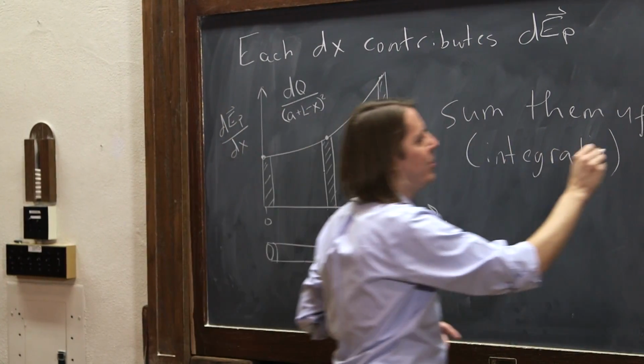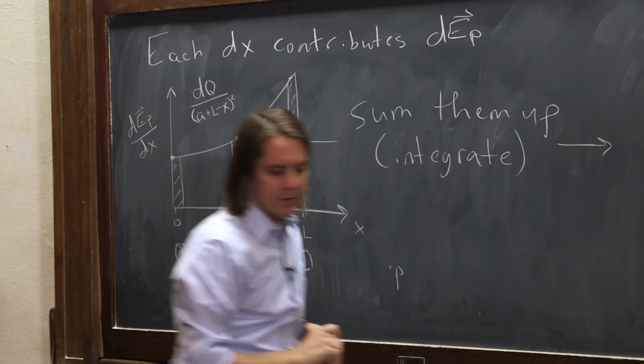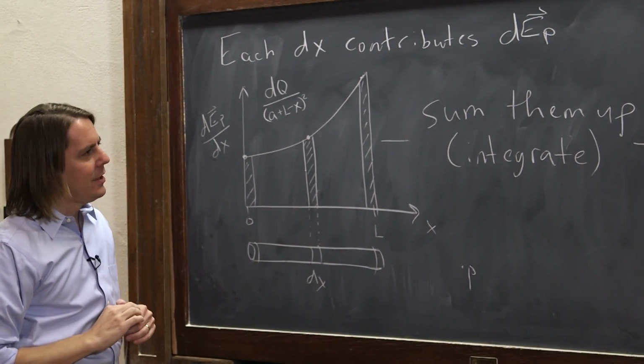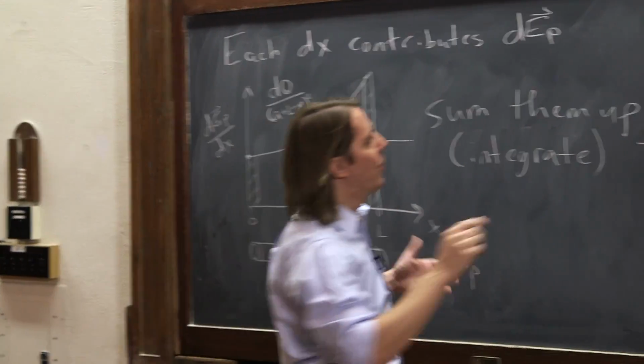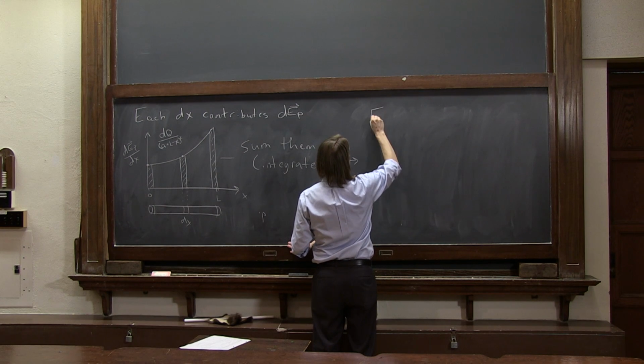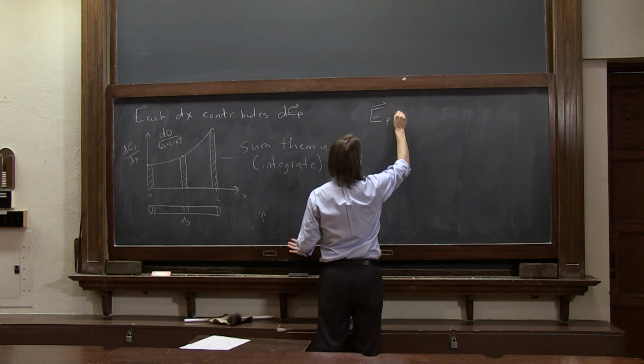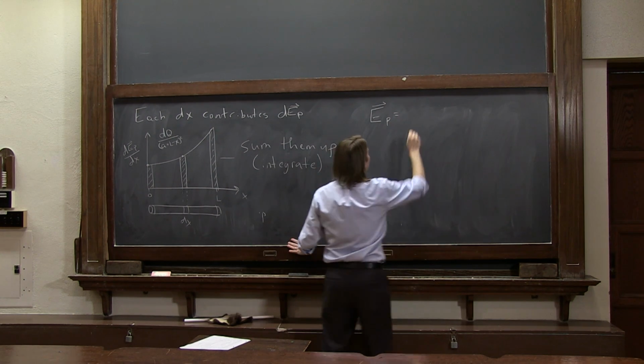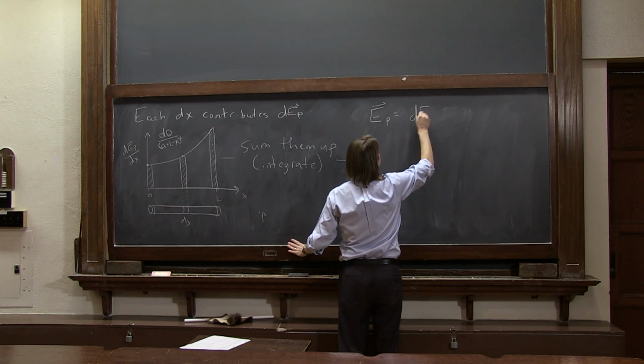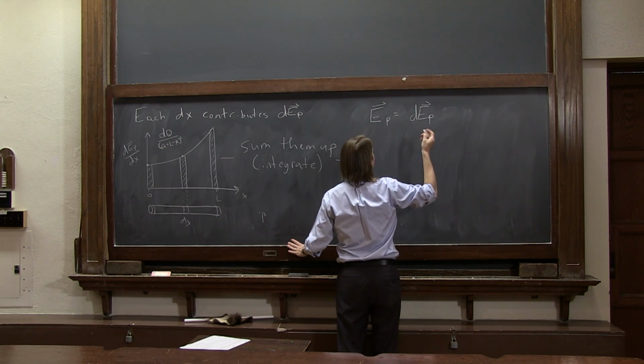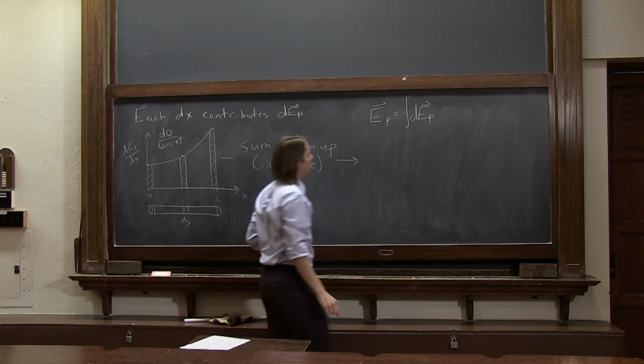So let's sum them up like this. Now, when you integrate, you're going to add these up to get what we're really looking for, the E field at P. This is really what we want. Okay? What we have is a bunch of dE_P's, so we need to sum them up. So you write a symbol like that. Okay?